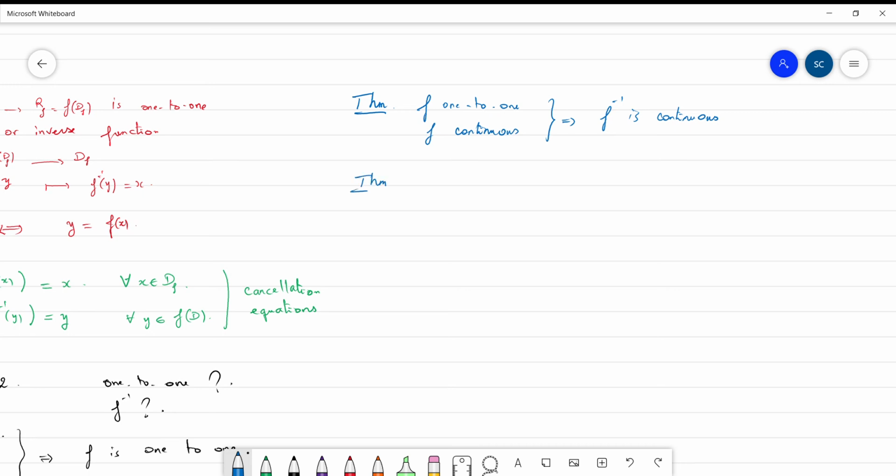The second theorem says if we have f one-to-one and f differentiable, let's specify now, f differentiable at a particular point a, or say differentiable everywhere or on some interval, and we also need to check that the derivative of f at f minus 1 of a is different from 0.